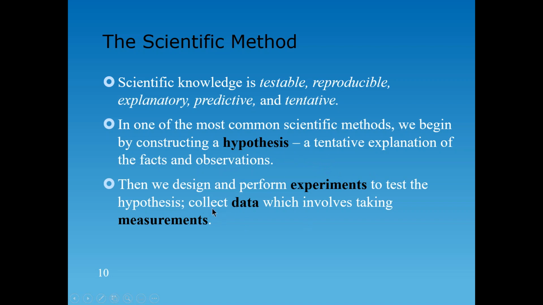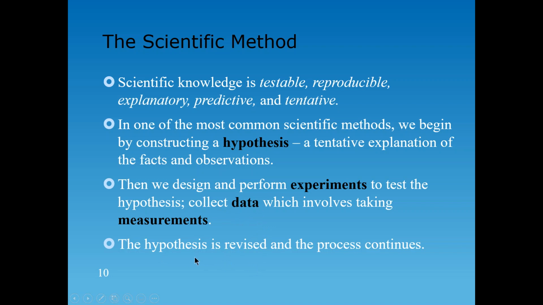So as stated here, in experimentation, what we do is collect data, which almost always involves taking measurements. And we're going to spend some time talking about measurements later on in this chapter. Okay, so after we have done our experiments and we get our data, we look at our data to see whether or not the data falls in line with what the hypothesis would predict. Now, invariably, when we initially start off with this process, what you'll find is that the data will contradict the hypothesis, right?